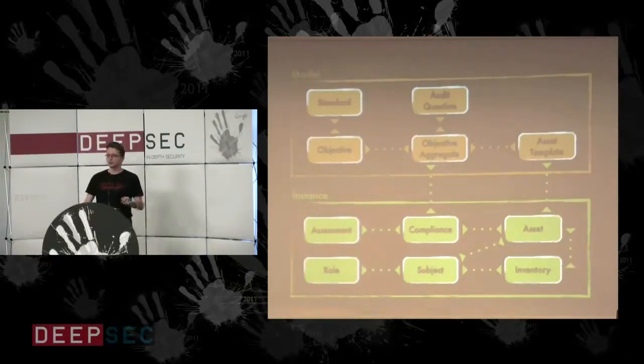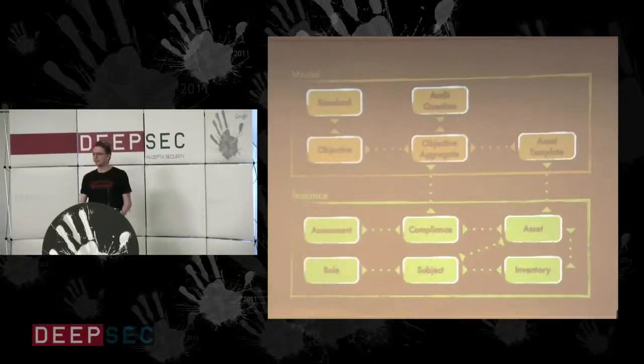It doesn't say which one, but it says web server. And on the instance part, we have the assessment. Compliance contains the answers to the questions. And at the end, on the right side, there's an asset. And the asset is the real instance. It's that web server down there below the table or wherever you have it.